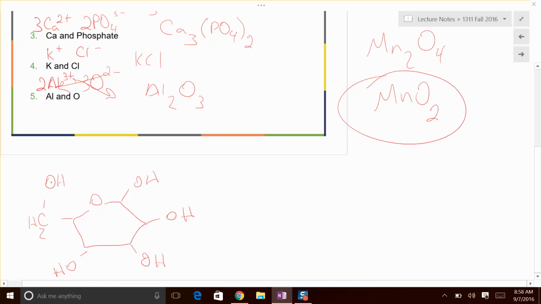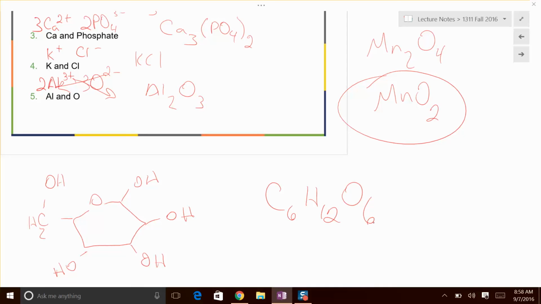Glucose has a very distinct structure to it with an exact number of carbons, hydrogens, and oxygens. C6, H12, O6. That is the formula for glucose.